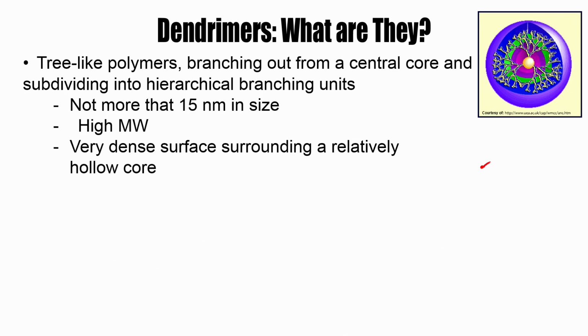Let us say you have one sort of reaction that happens on the central core, and that results in this. Then whatever you attach to it, you have another set of reaction that can happen to those, and that will result in a structure like this.